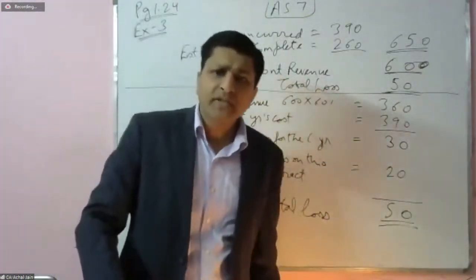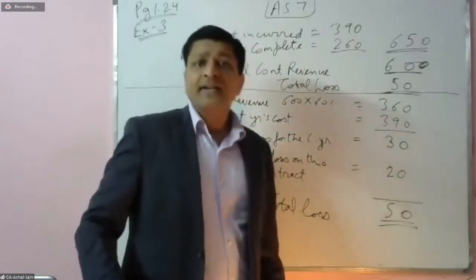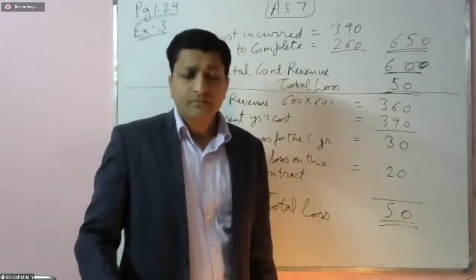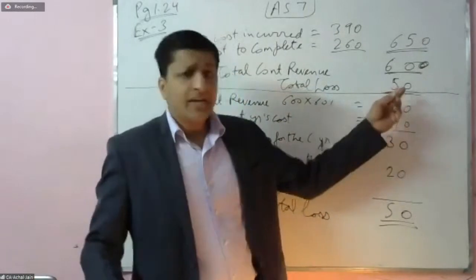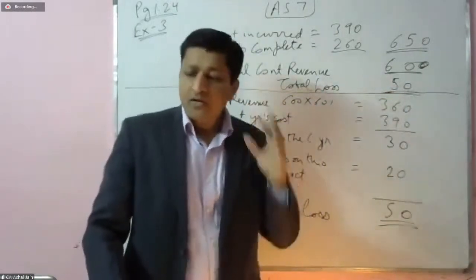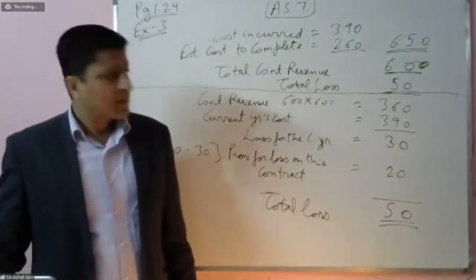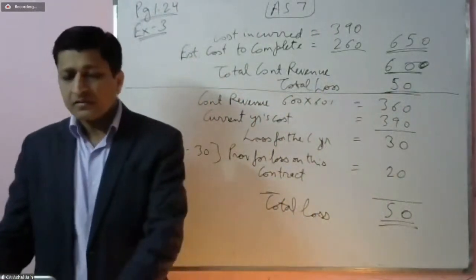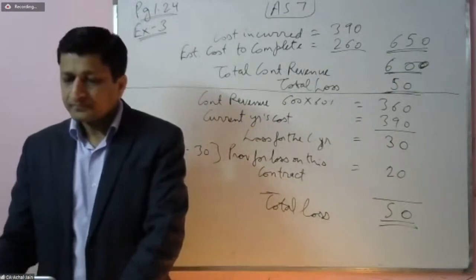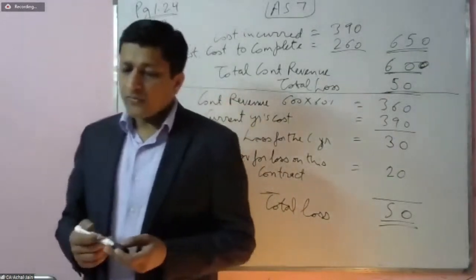And why are we booking in the current year? Because in the current year we have got to know that the contract will eventually result into a loss. Clear on this? You're clear on this? I can see some of your queries.